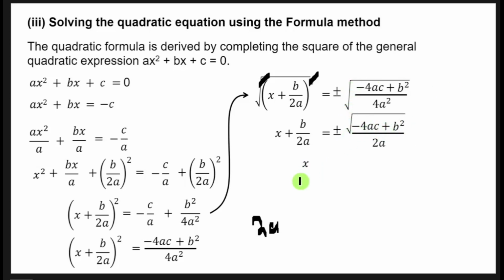Then from there, you say x is equal to, this one now crosses. So when this side, we need to remain with x alone here, remember. So when this one crosses, it becomes minus b over 2a, then plus or negative, then this one here. All right? We'll copy everything here.